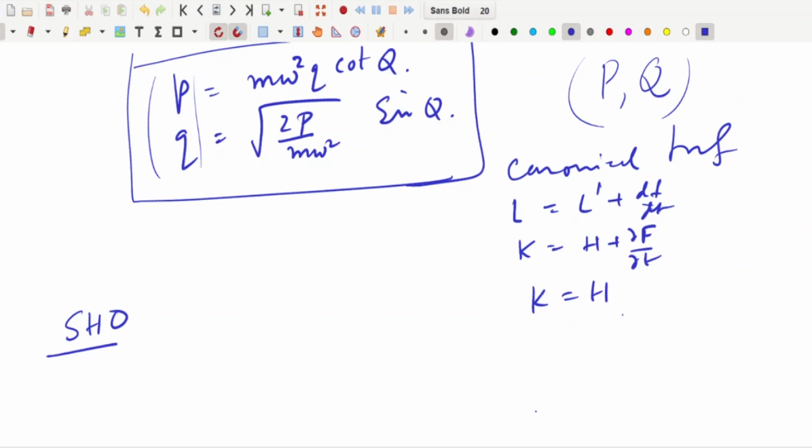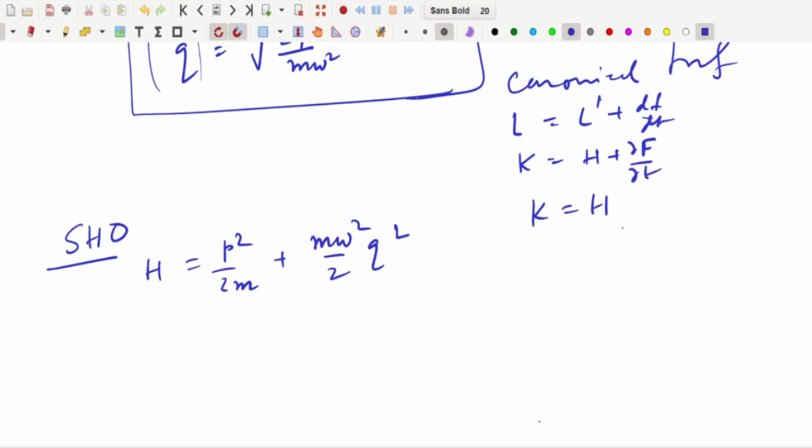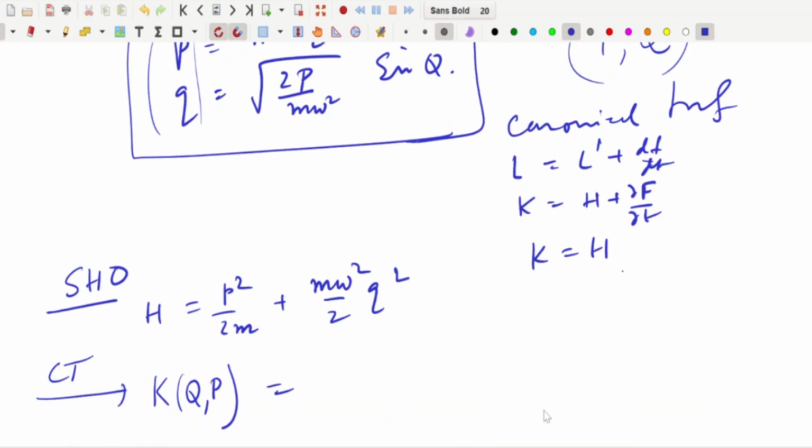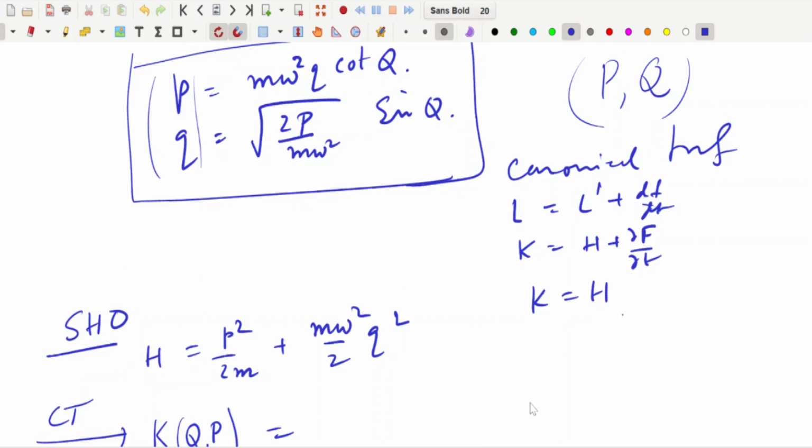For the simple harmonic oscillator, H equals p square by 2m plus m omega square q square by 2. After the above canonical transformation, we obtain K, which is a function of capital Q and capital P, which will be p square by 2m plus the q term.